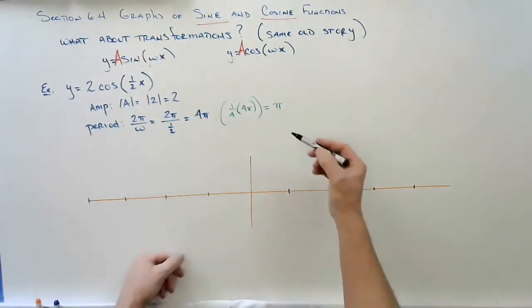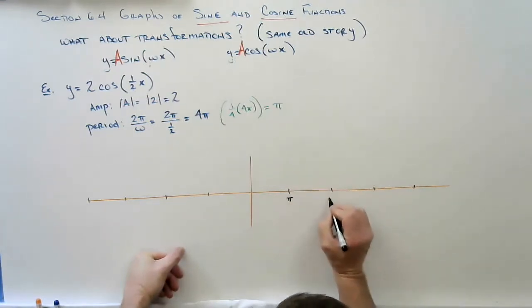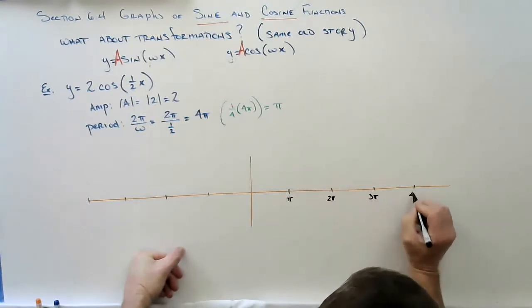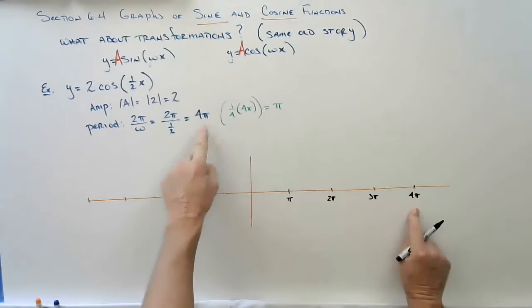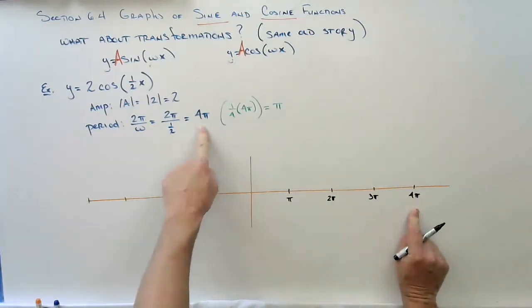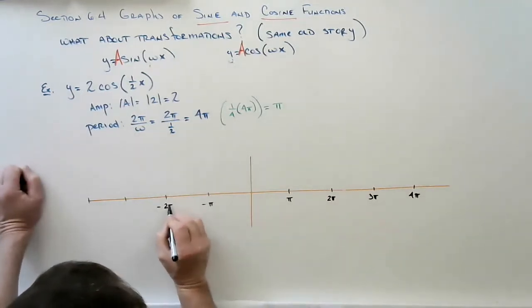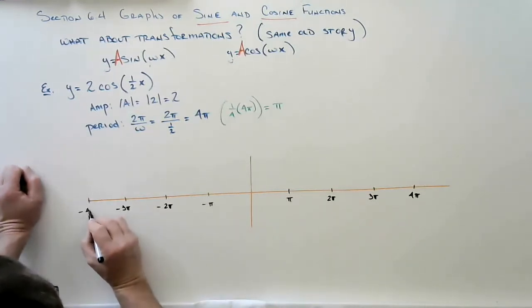And I know how big they are. They're going to be pi big. So this is going to be pi, this is going to be 2 pi, this is going to be 3 pi, this is going to be 4 pi. That's my period. 4 of them always equal whatever my period turns out to be. It always matches. These are going to be negative pi, negative 2 pi, negative 3 pi, negative 4 pi.